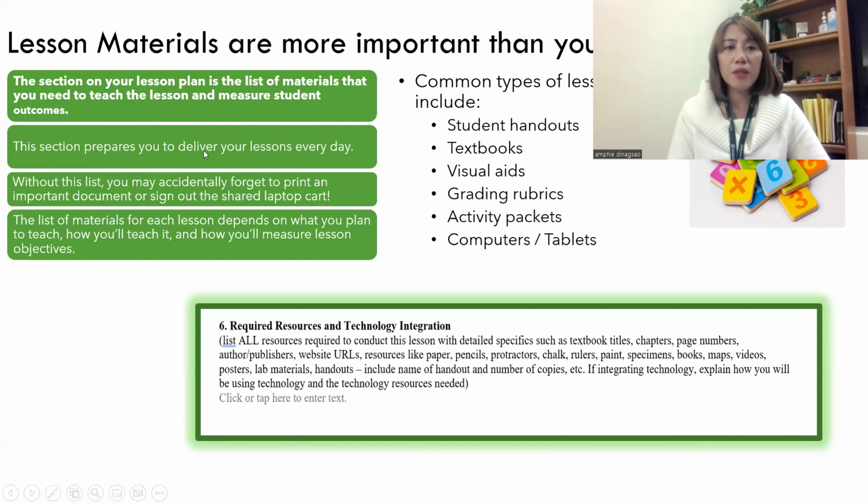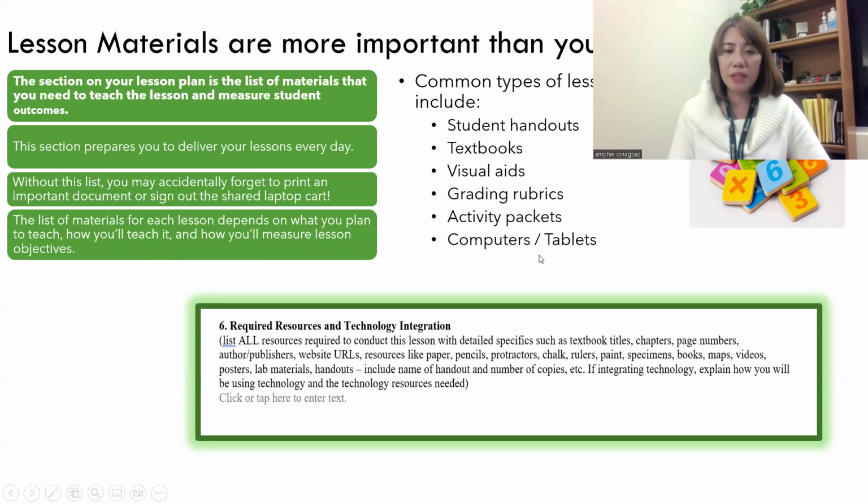So this section prepares you to deliver your lessons every day. Without this list, you may accidentally forget to print an important document or prepare a worksheet or whatever. So the list of materials for each lesson depends on what you plan to teach, how you'll teach it, and how you'll measure the lesson objective. Again, you have to list all the materials.